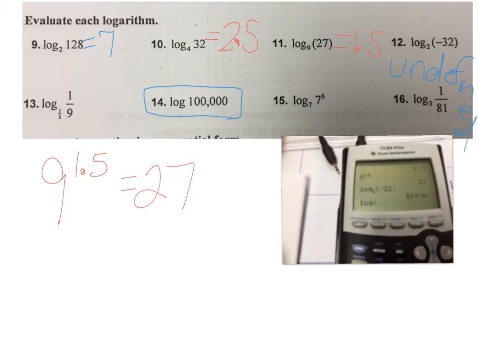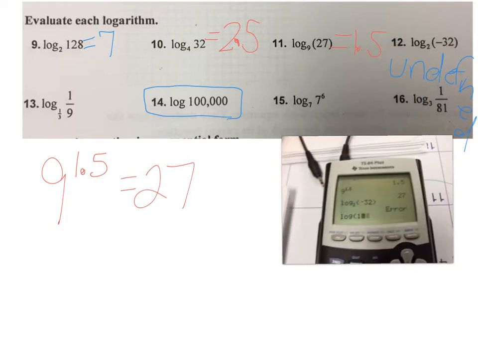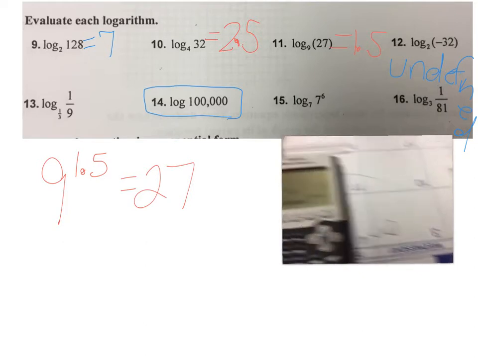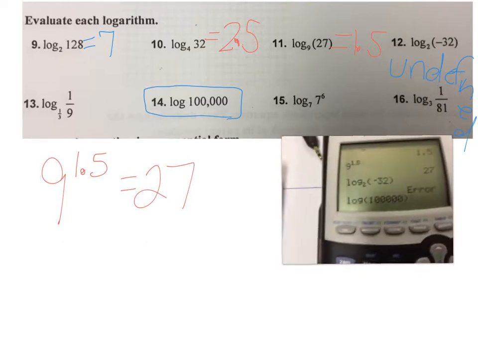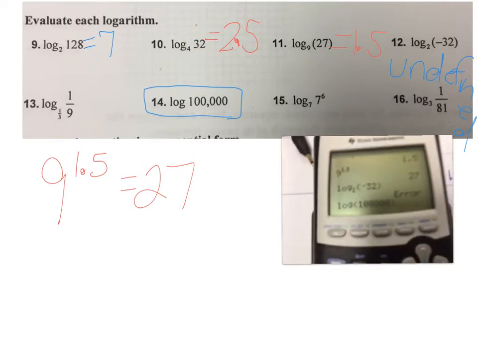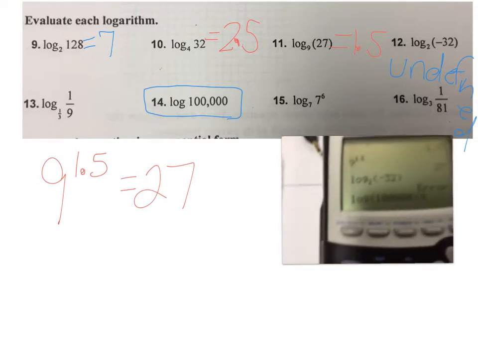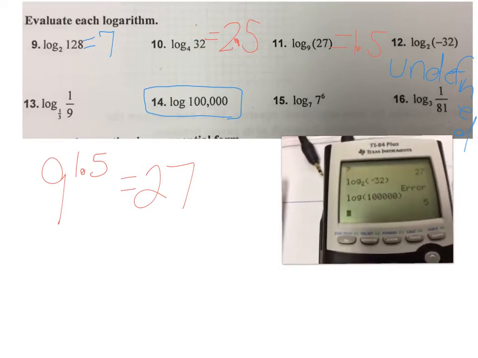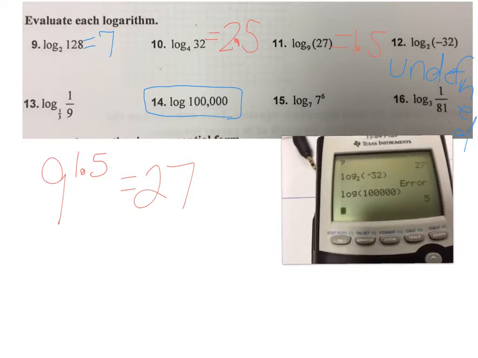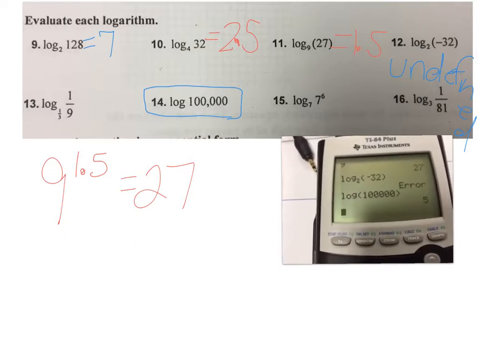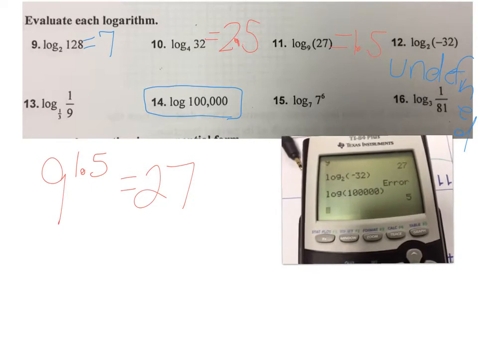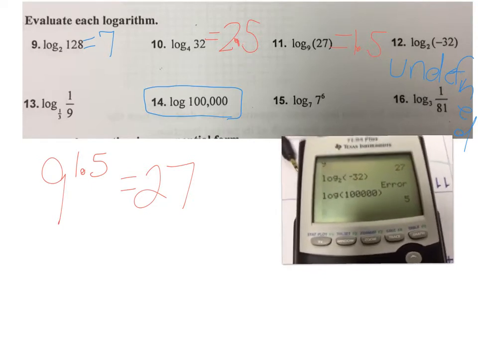This log button of 100,000, because base 10 is assumed with the log button. It's called the common log. And so there's the answer for that one. Okay, go ahead and finish this part of the worksheet. Pause the video and then start it back up in about 2 minutes.